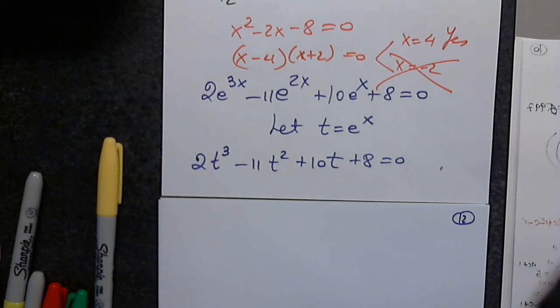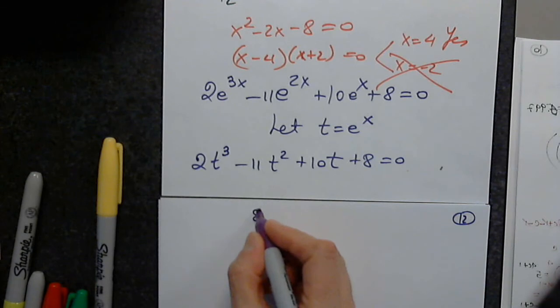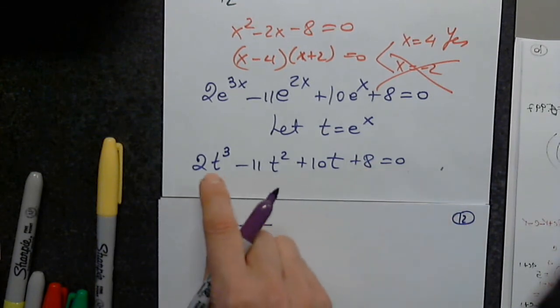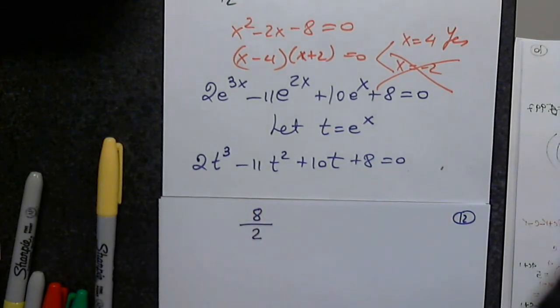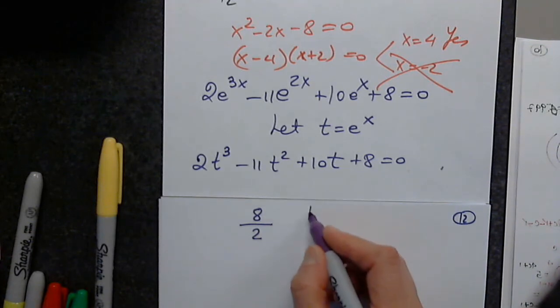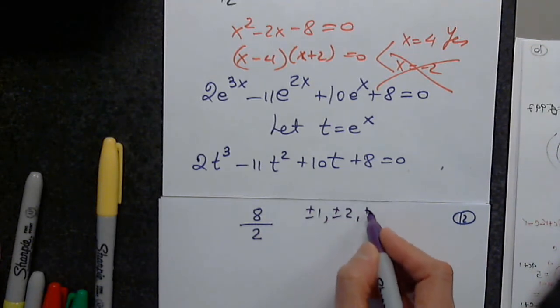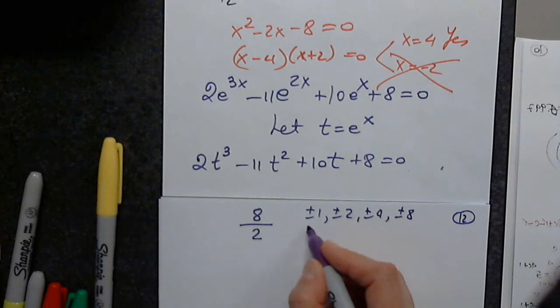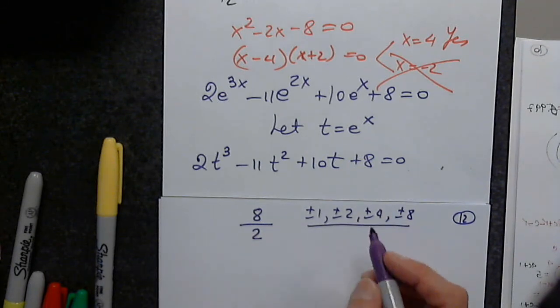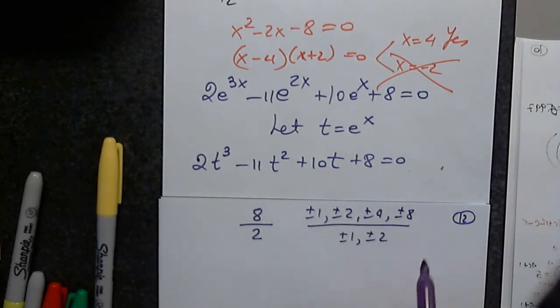If this polynomial has rational zeros, they must be among the divisors of 8 divided by the divisors of 2. The divisors of 8: plus or minus 1, plus or minus 2, plus or minus 4, plus or minus 8, and the divisors of 2: plus or minus 1, plus or minus 2.